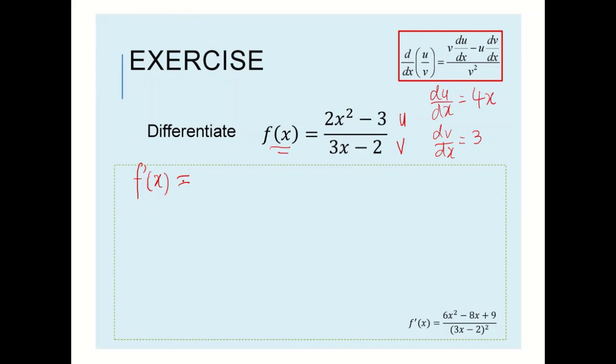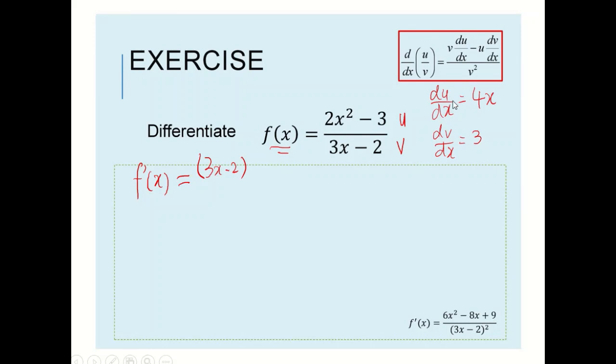Finally, 12x squared minus 6x squared gives 6x squared, minus 8x plus 9, over 3x minus 2 squared, and this is our final answer.